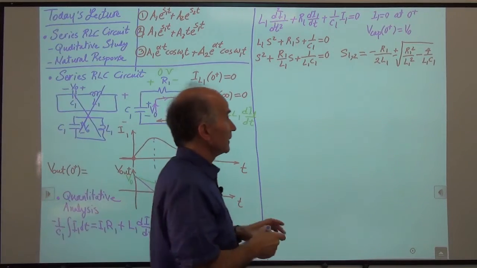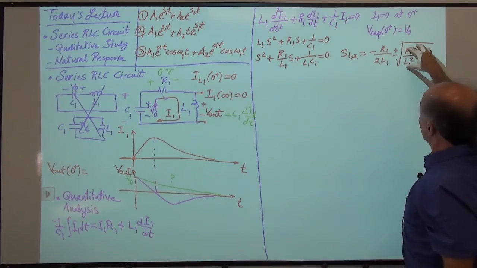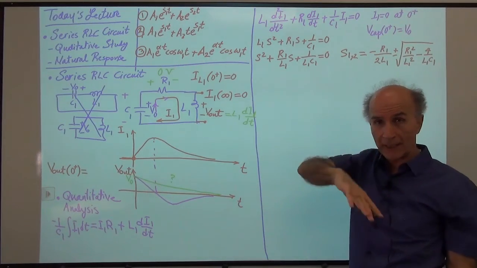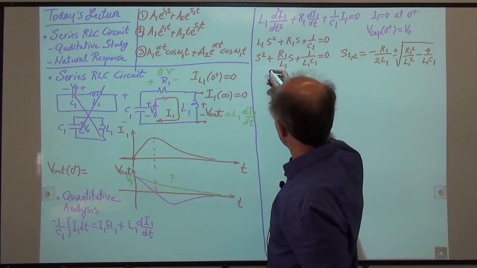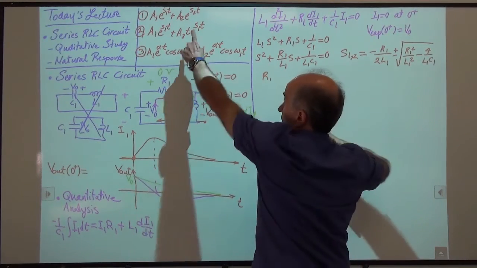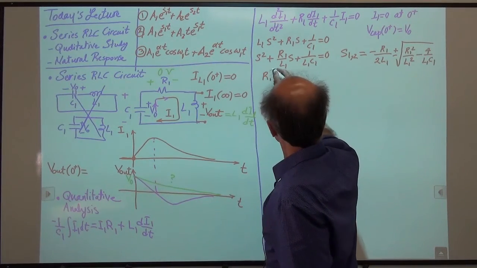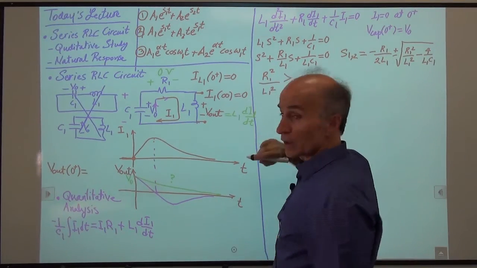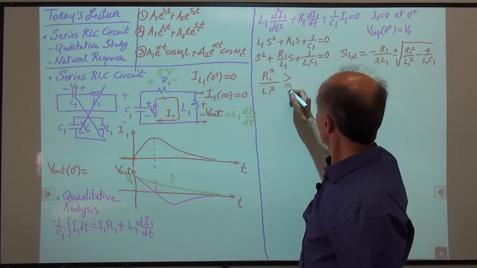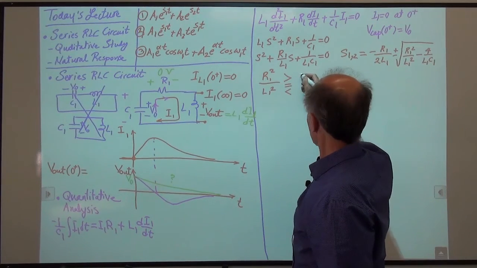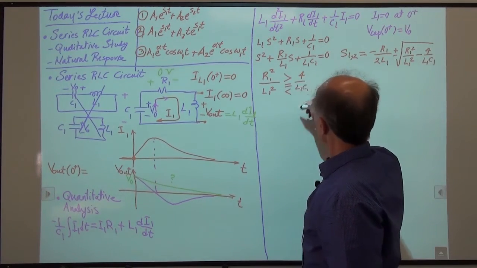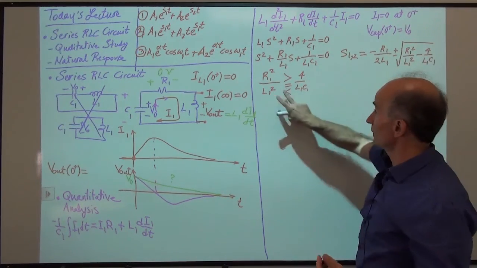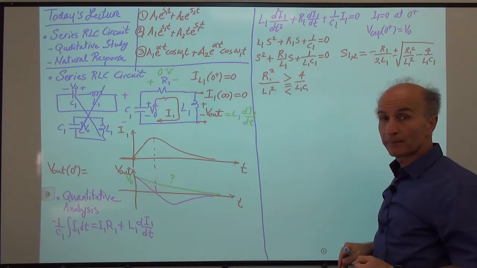Okay, so we are interested to know how this term under the square root becomes positive, 0, or negative. That tells us what's going on, right? Which one of these solutions we have to select. So we have R1 squared over L1 squared, and whether this whole thing is greater than 0, 0, or less than 0, which corresponds to these three conditions.